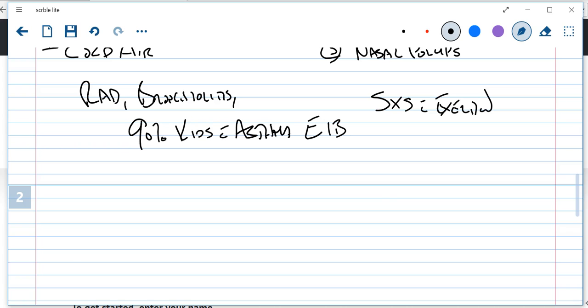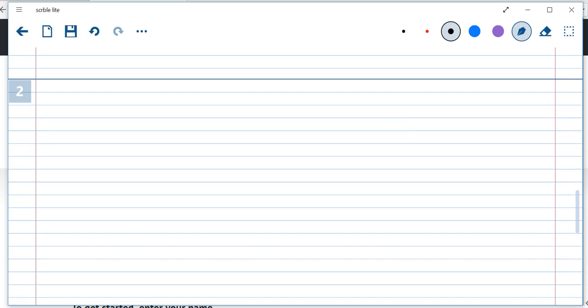So as we progress here, let's get into the different classifications of asthma severity. With our different classifications of asthma severity, we're going to have intermittent to start off with.